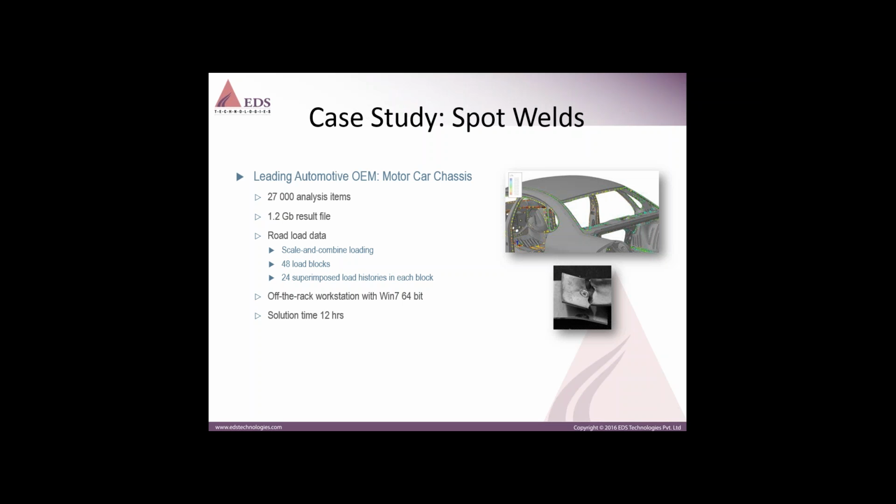Here nearly 27,000 analysis items have been analyzed, and the size of the result file is nearly 1.2 GB. Road load data is applied by scale and combine loading for nearly 48 different load blocks. So 48 different events, each having 24 superimposed load histories.